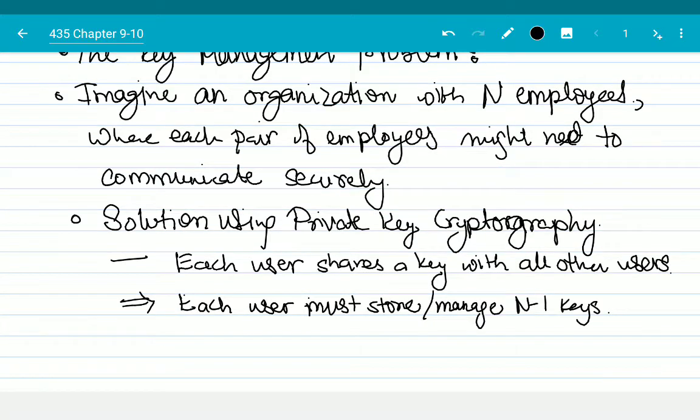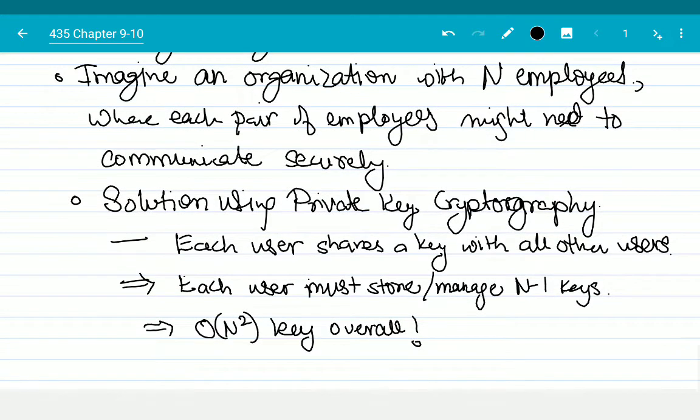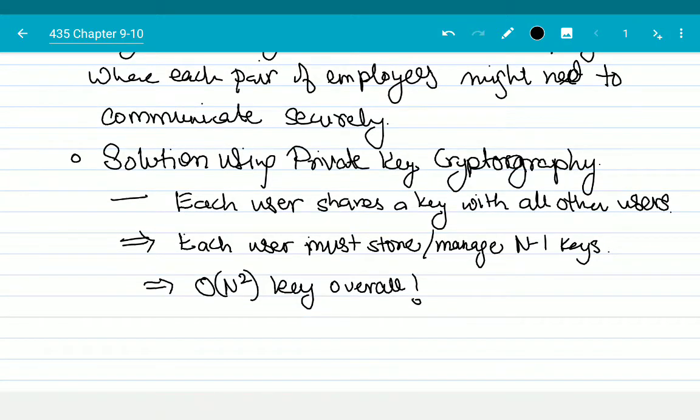Each person is only saving n-1 keys, but the number of keys overall, the storage, is of the order of n squared. That's a lot of data. When you have 10,000 employees, 10,000 is 10 to the 4, and n squared is suddenly a hundred million keys. That's huge, right?